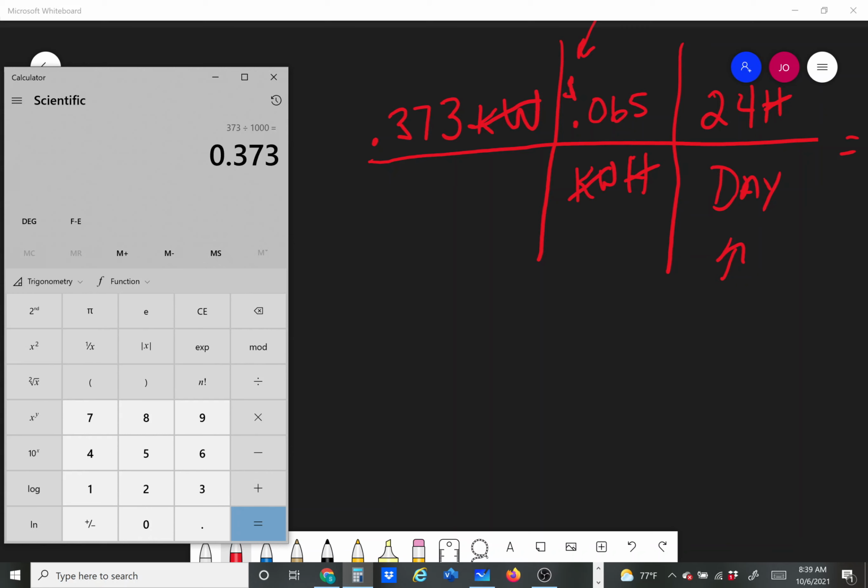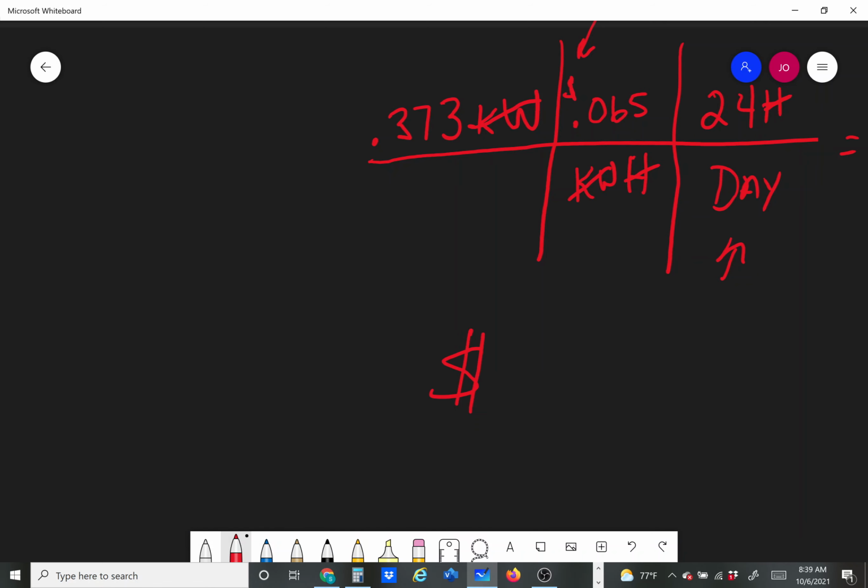I'm going to multiply that by 0.065, and I'm going to multiply that by 24 hours, and that means that this is going to cost me 58 cents a day. Per day. And that's as simple as that gets. Again, it's only a half horsepower motor.